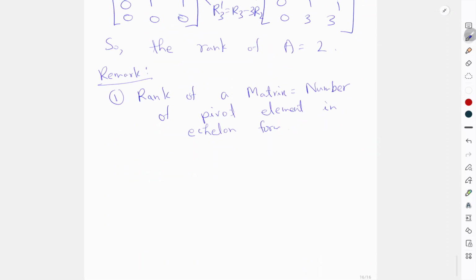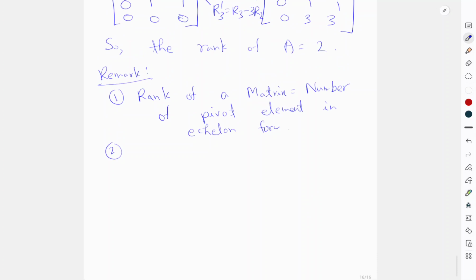Okay, there is another concept I think you have done at class 12 level. Whenever you have some matrix, you can find the corresponding minor of that matrix, right? Minor, cofactor, that type of thing you have learned earlier.